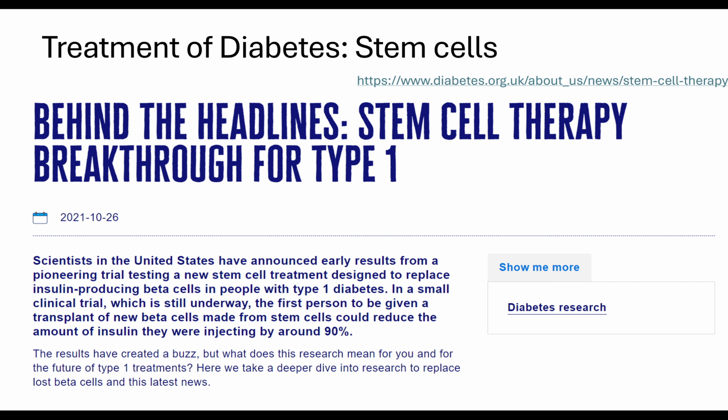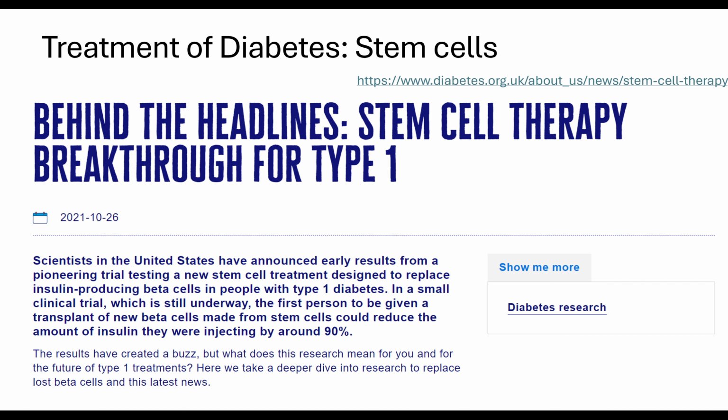So if they're multipotent, we're talking about our pancreatic cells, our beta cells, if we can use stem cells as a way of replacing those beta cells in the people with type 1 diabetes, that means that we could use this as a treatment.